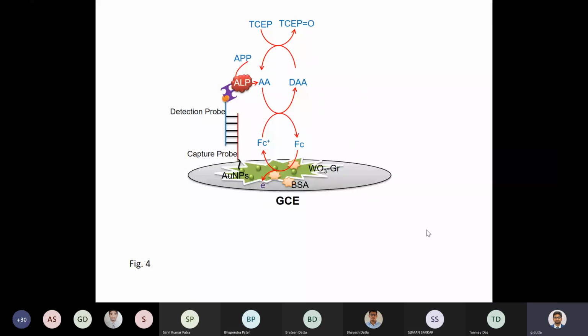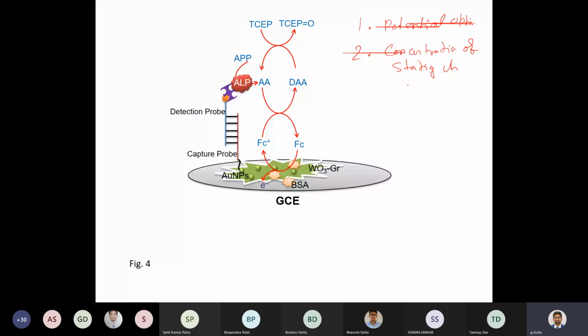See, optimization of concentration of cells. So first thing, potential optimization. Potential means what kind of potential you are going to apply. Then the concentration of the starting chemical that you are going to use, that you have to optimize.